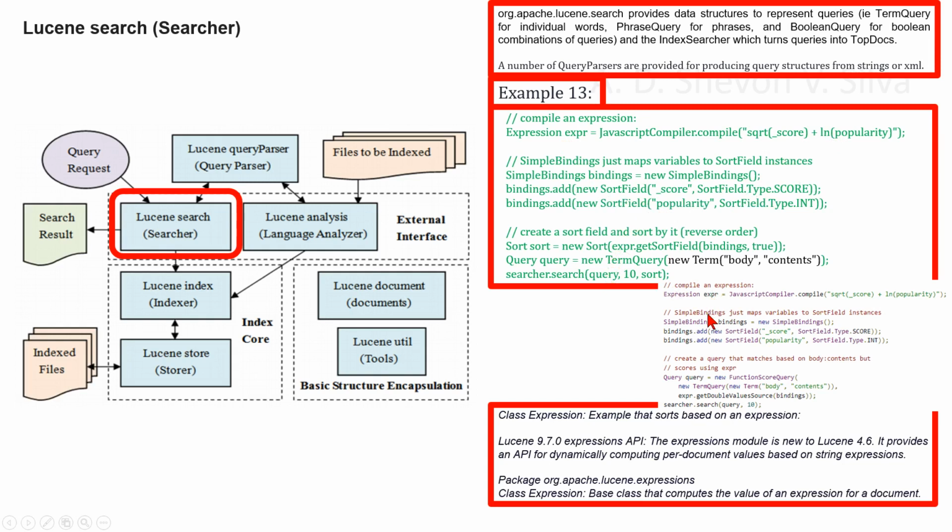Here is the example that modifies the scores produced by the query. Here we compile an expression. Here the SimpleBindings just maps variables to SortField instances.